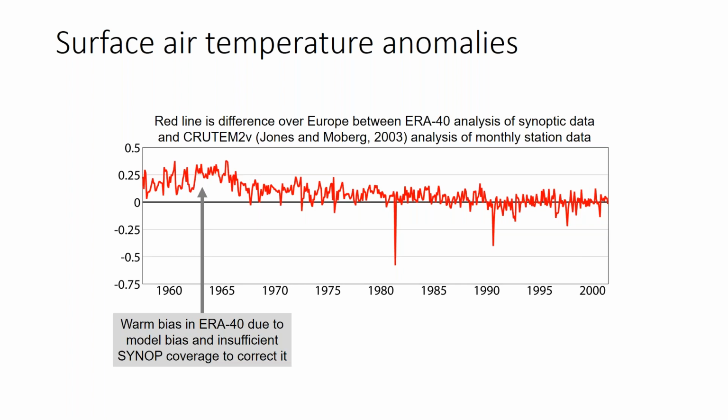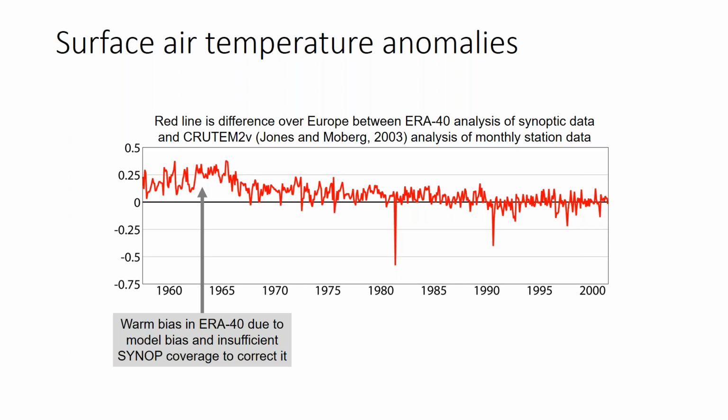And these are types of data sets that NOAA and NASA also produce, based on just climate reports from station data. And they're quite reliable, but of course they also have issues, but they go back very far. And this is what we usually refer to when we look at climate change since the pre-industrial period.